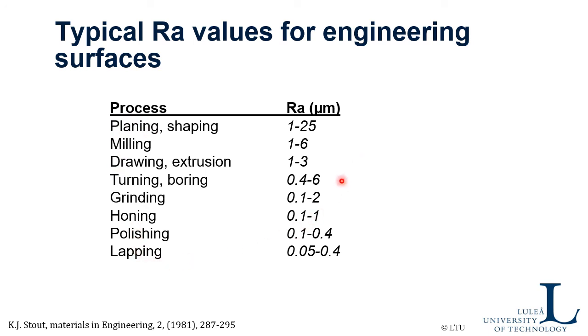You make it smoother and smoother, and lapping is a technique where you apply an abrasive, and you use it for optical lenses, for example, and they need to be very, very smooth and very planar, because they shouldn't affect the light wavelength.